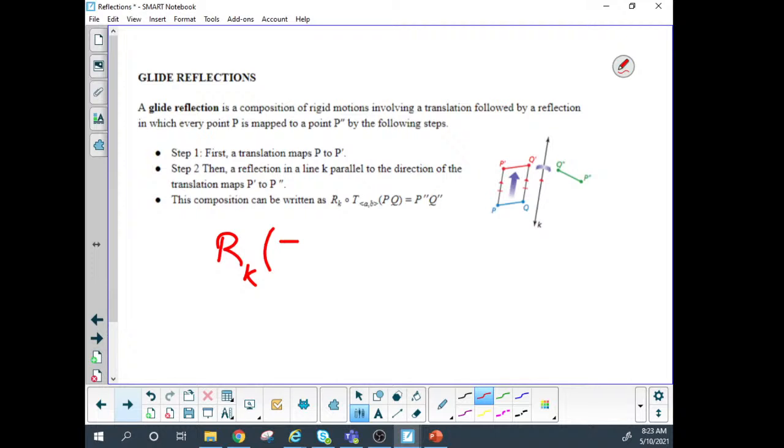Reflection of this translation. So I wrote AB, like we're moving left and right A, up and down B, of PQ, and that's giving, and I've written it as PQ double prime, indicating we're doing two things to it.